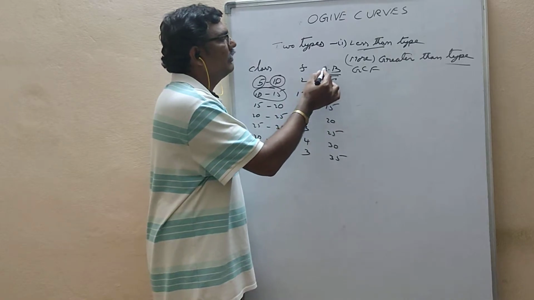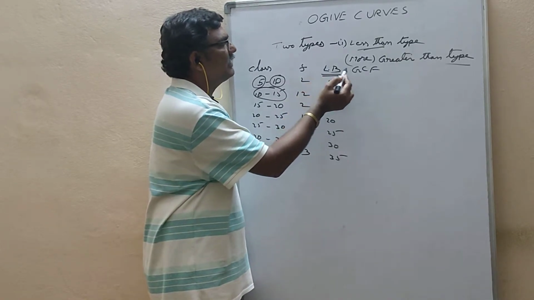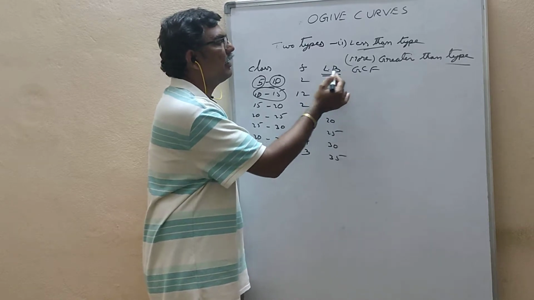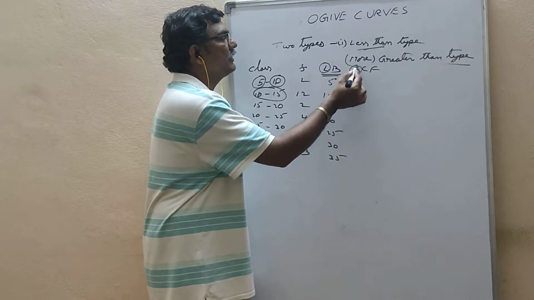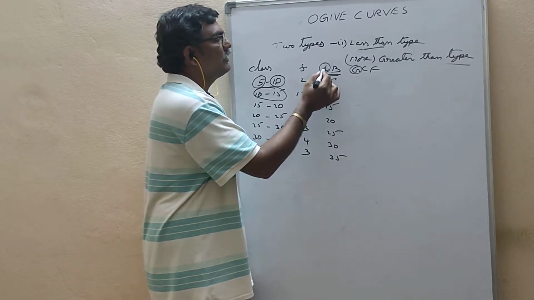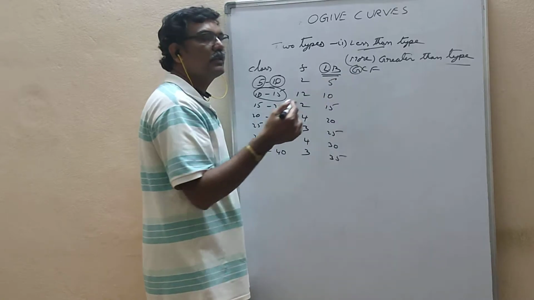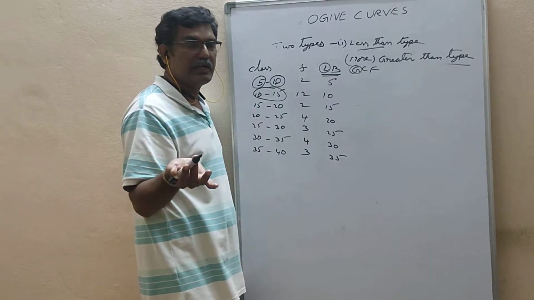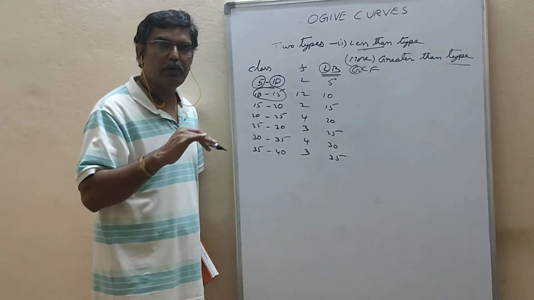So how to remember? Here it is less, it is greater, opposite, or not? LG, you know LG fridge, the refrigerator. Otherwise L means lower, G means greater. So like that, lower boundary, GCF.